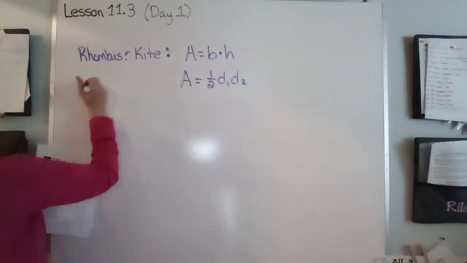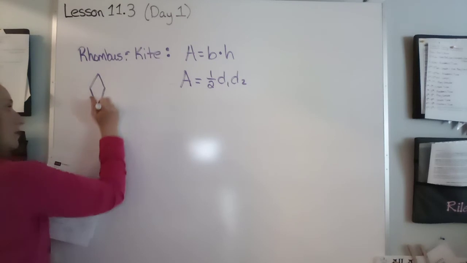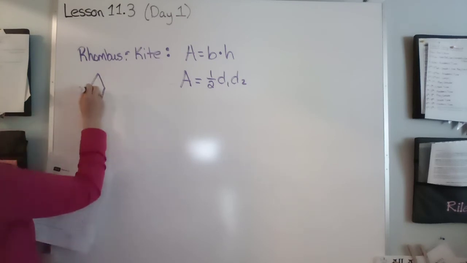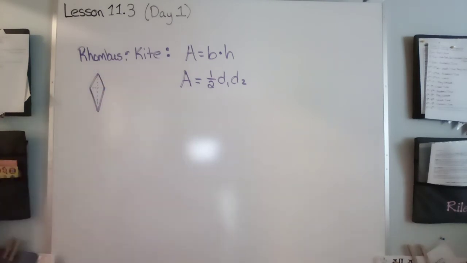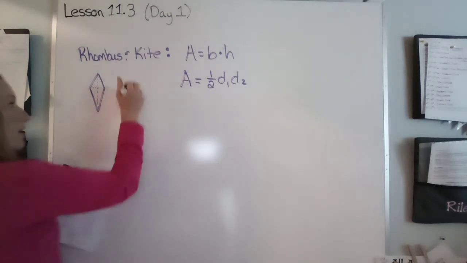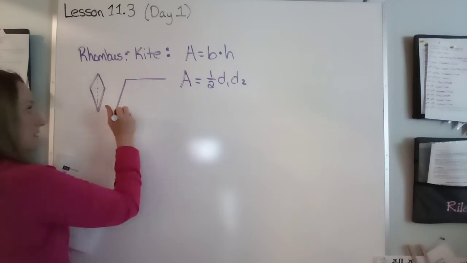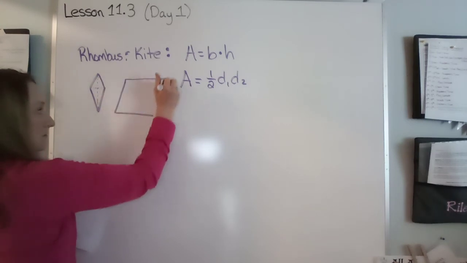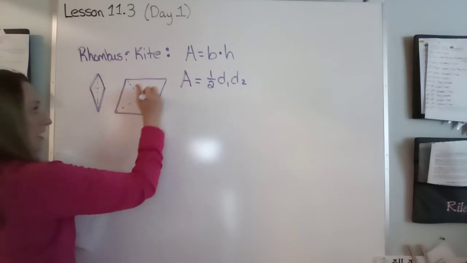D sub 1 and D sub 2 are the diagonals. So for a kite, the diagonals would be this segment here, that's one diagonal, and this segment here. If I know those lengths, I can multiply them together and take 1/2. And then for a rhombus, the diagonals are there and there.